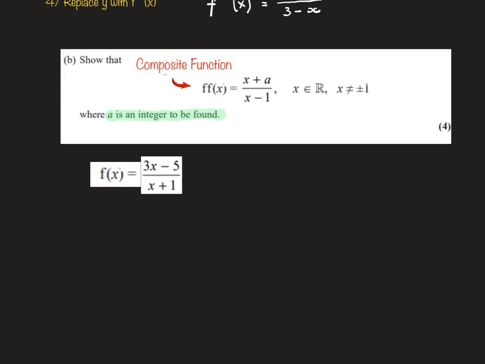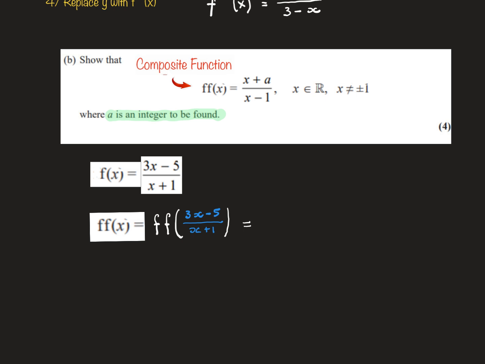And we already know that f(x) is 3x minus 5 over x plus 1. So if we want to find f(f(x)), then we will need to substitute this value here, 3x minus 5 over x plus 1.